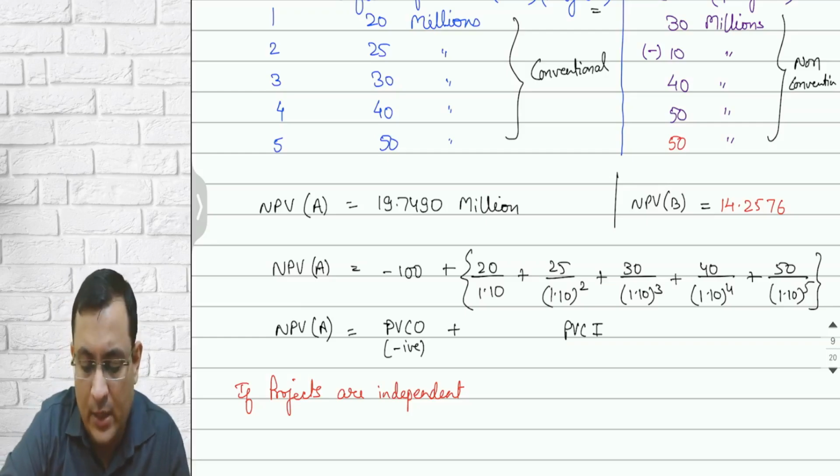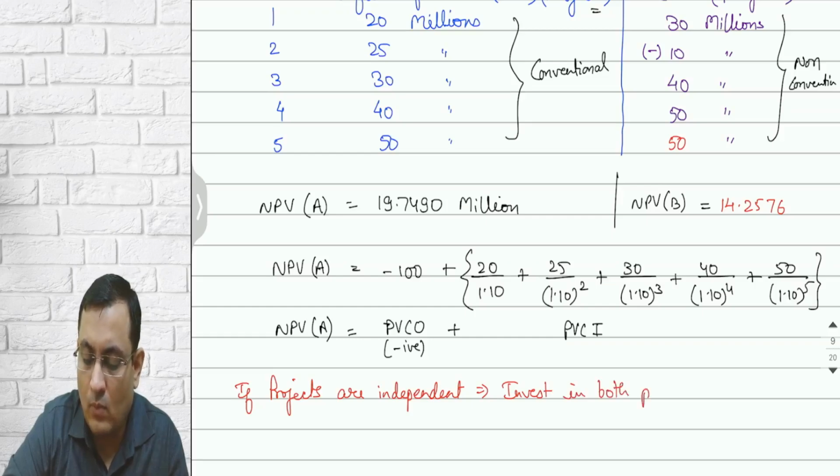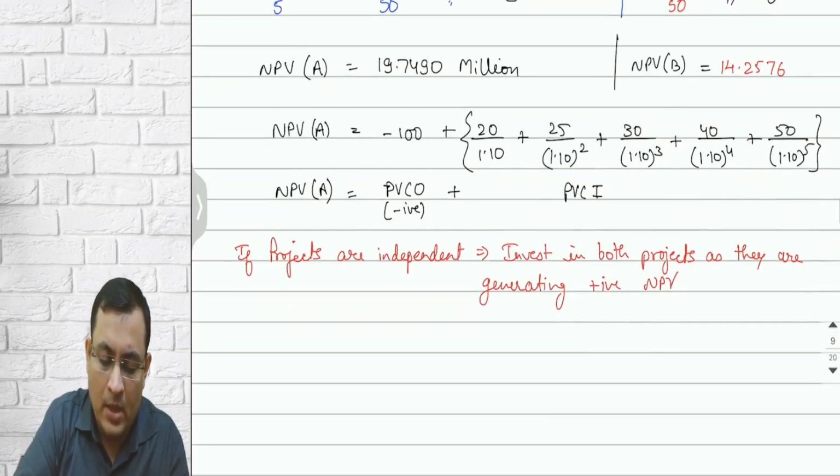So you can select multiple projects, invest in both projects, as they are generating positive NPV.